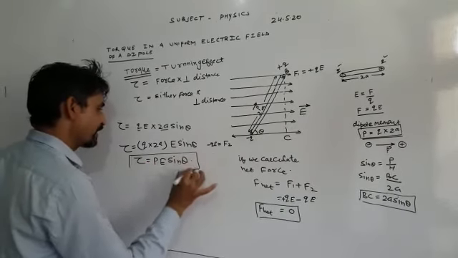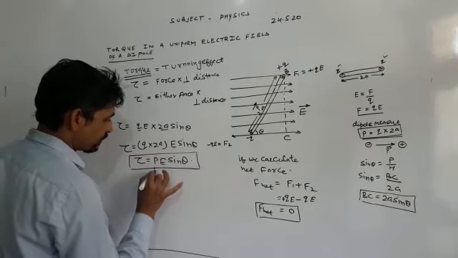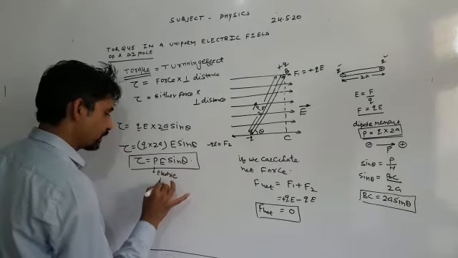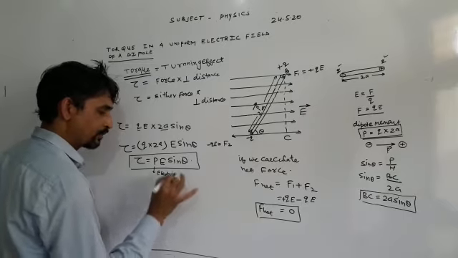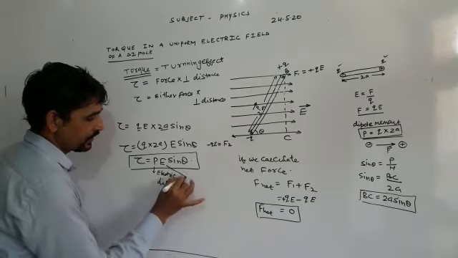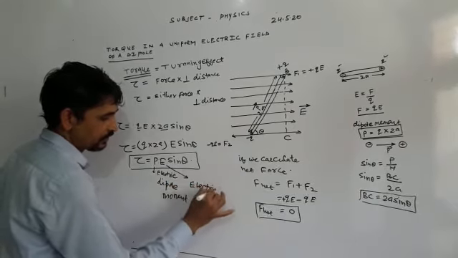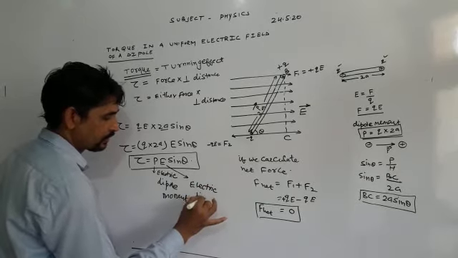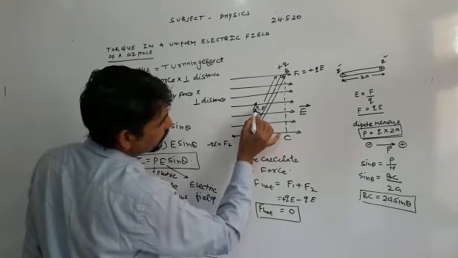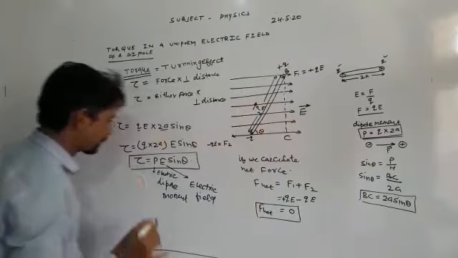It's a very important result, where P is electric dipole moment, E is electric field, and theta is the angle between electric dipole moment and electric field.